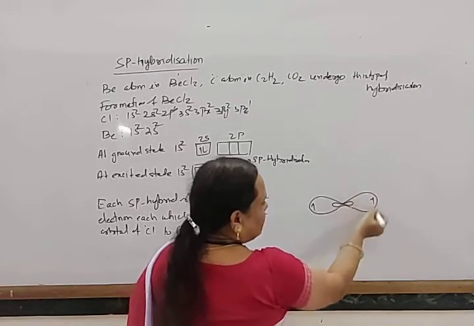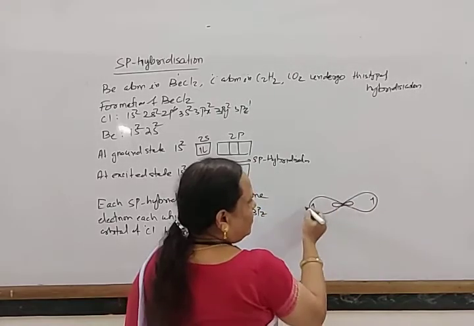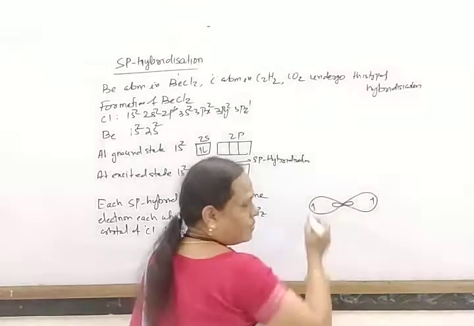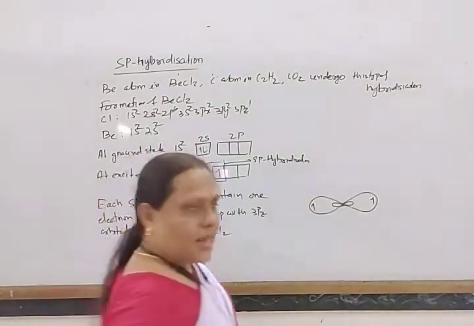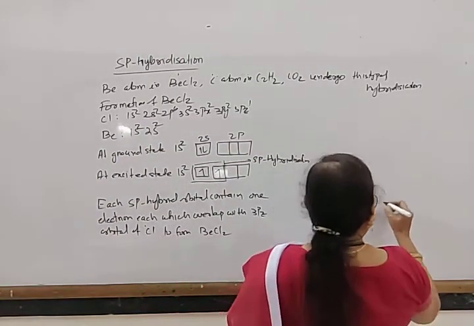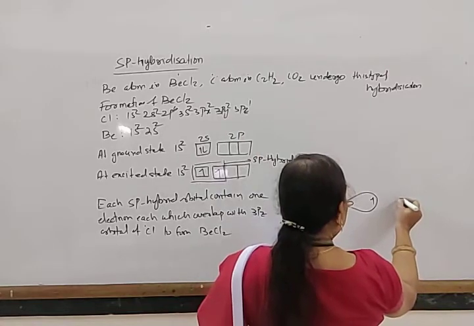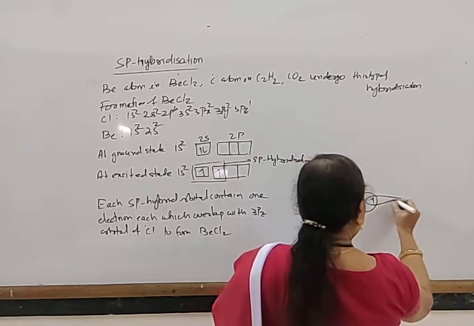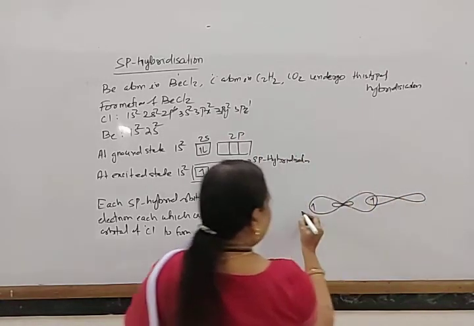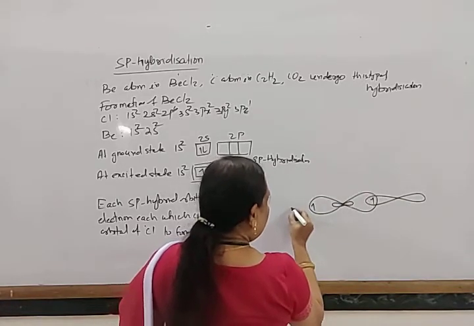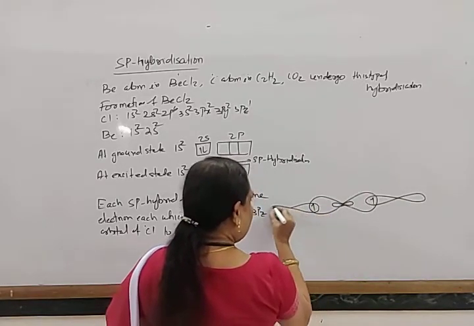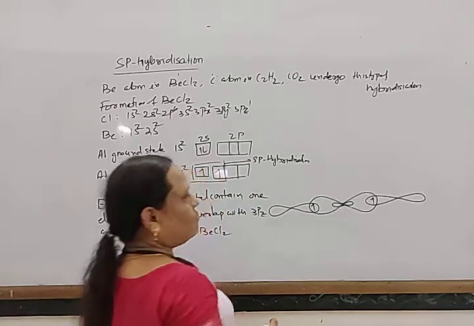This is the larger lobe and smaller lobe of one, and this is the larger lobe and smaller lobe of the other. In this way they remain like this. And this is chlorine, so 3pz. Chlorine has a p orbital. The p orbital is elongated and not bulkier than that of sp, so the sp orbitals are bulkier.